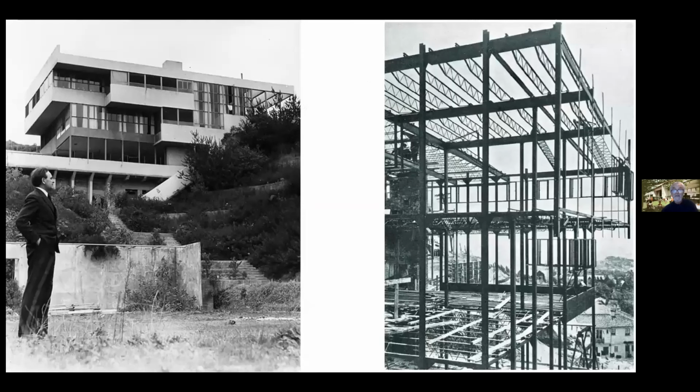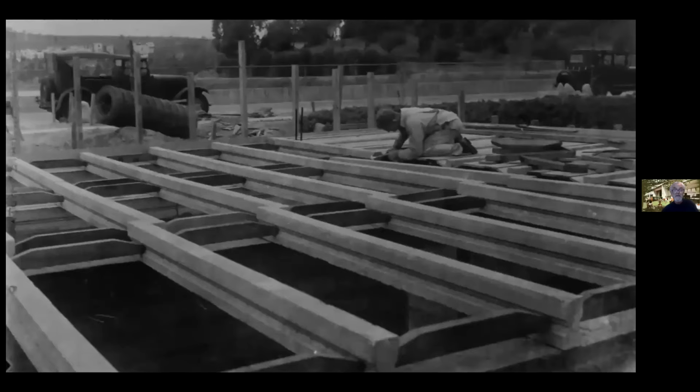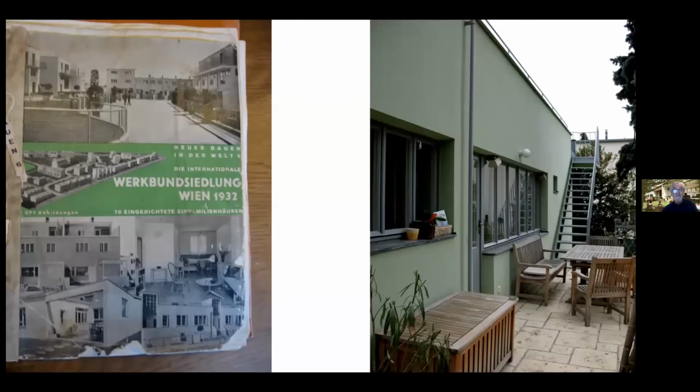And then he wanted to show how prefabrication of structural elements could quickly be assembled, and demonstrated that in his first great house, the Lovell Health House, which has just now been bought for $8.5 million and is in the process of being restored. He also used prefabricated elements at his own house on Silver Lake, and similar ones at the Werkbundsiedlung in 1932 in Vienna.